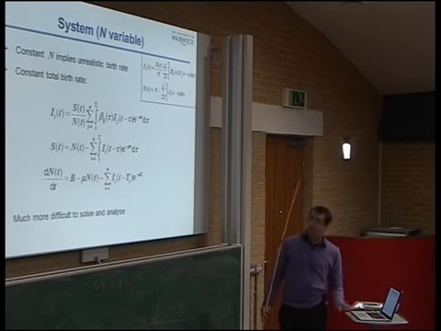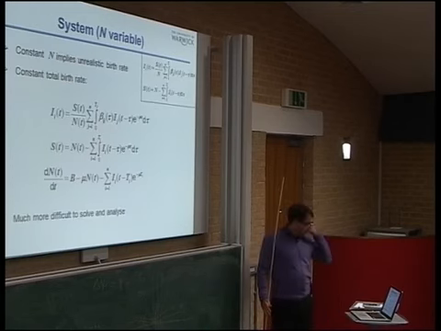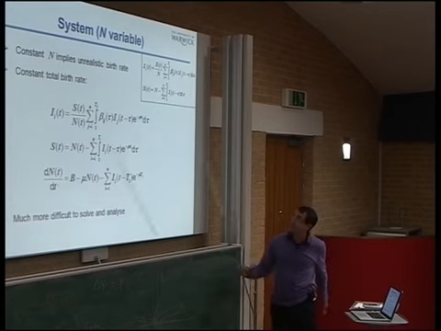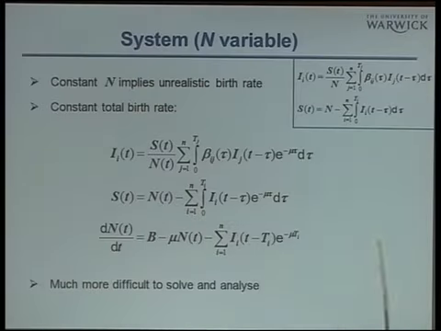Lorenzo? Yes? In the equation for S of t, why are you taking off the incidence, but you've integrated I at t minus tau? Surely you should just integrate I of t dt to take the incidence off, because you need to sum the incidence. So at time t, the individuals in the prevalence, the individuals that are infectious at time t, are those that got infected.